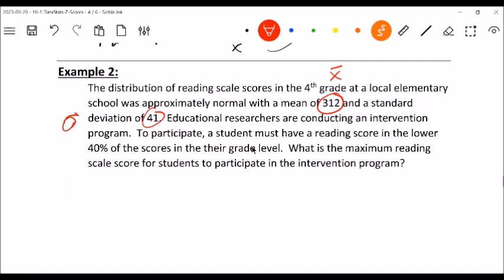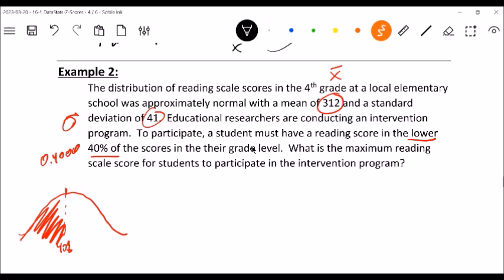Researchers, for an intervention program, say a student must have a reading score in the lower 40% for their grade level. So it's looking like this. Say 40% is here and they need to be here. So we're not worried this time about picking the top one. We need this one. So that means we will go looking in the z-score table for 0.4000, as close as possible to that.